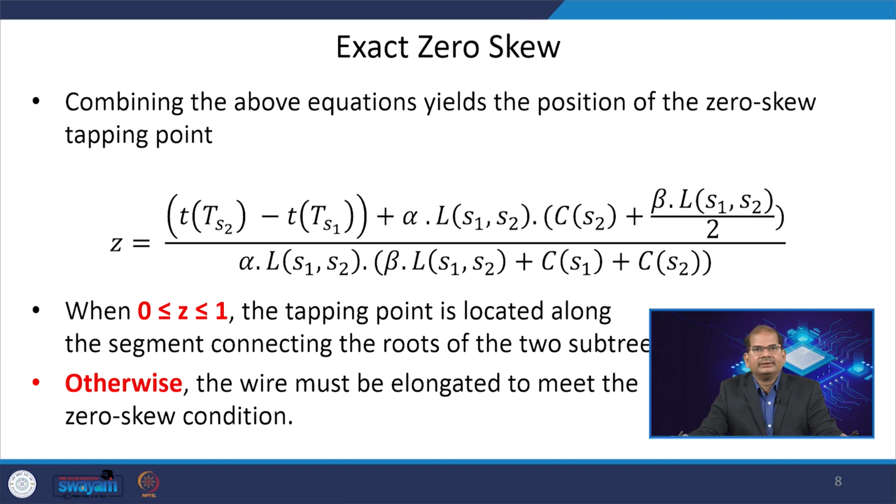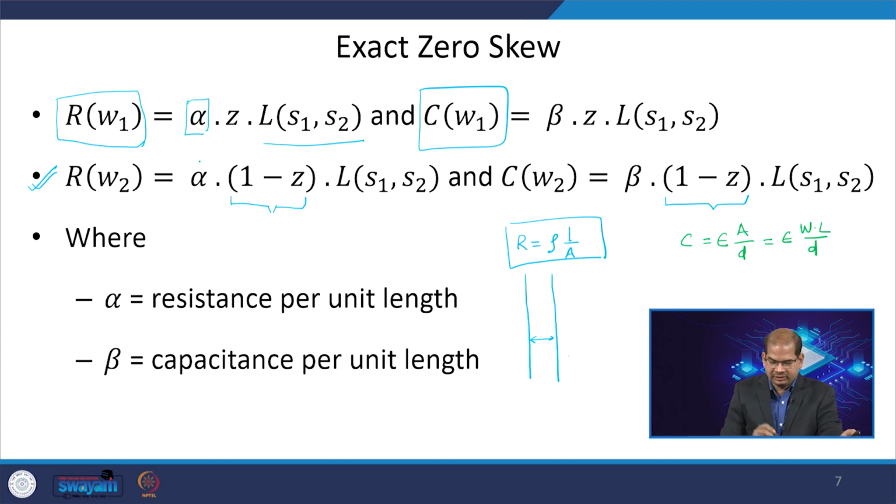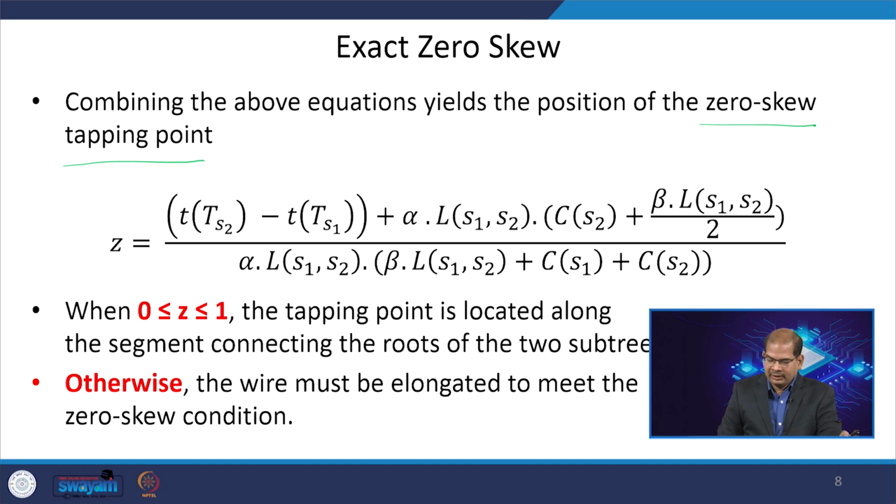Now, what we are doing is combining the above two equations, which yields the position of the zero skew tapping point. So, we can solve this equation to find a length which is creating a zero skew tapping point. Okay. So, here there are two cases possible.